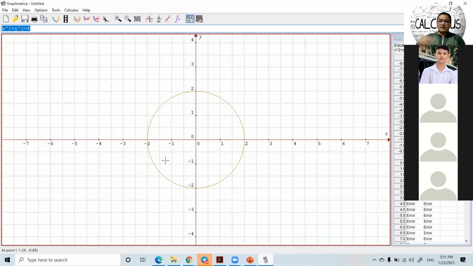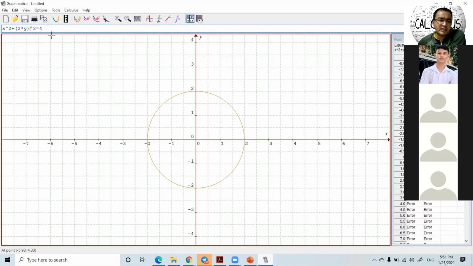From the bottom and from the top, you're just stretching. Here, instead of y, let's multiply by 2. So what will be the new graph of this function?